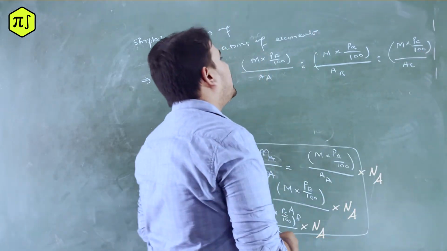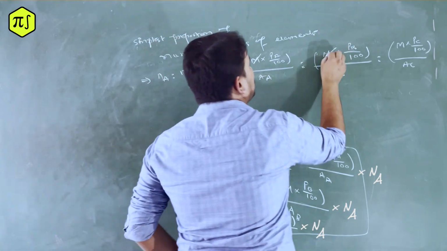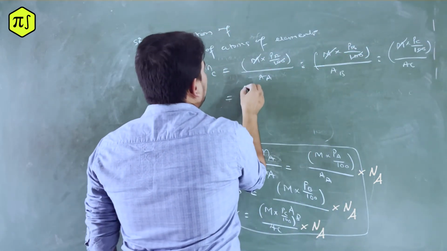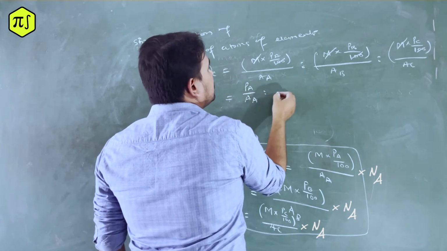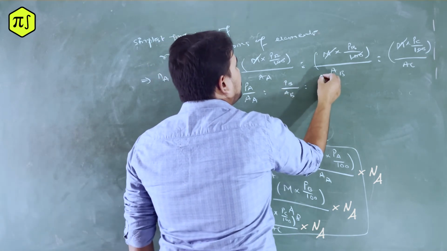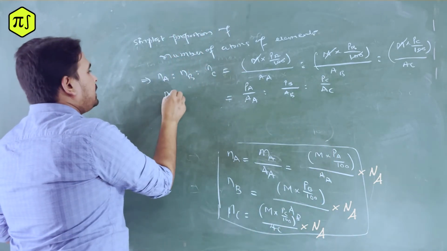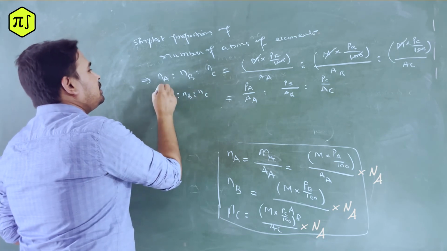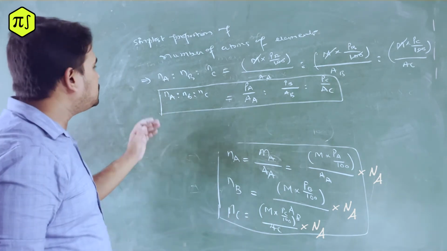So see what is common, guys: M and 100 will cancel out in the proportion. So what you find is PA by AA colon PB by AB colon PC by AC. So NA colon NB colon NC, okay, guys, this is the one.